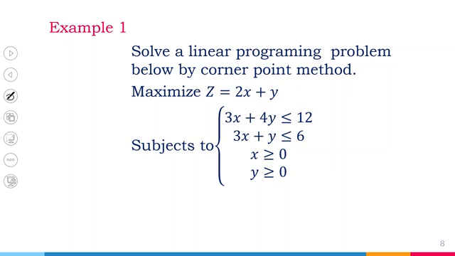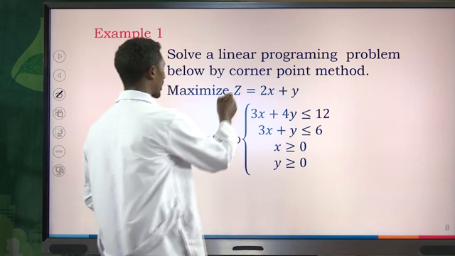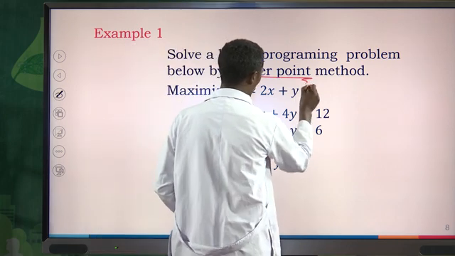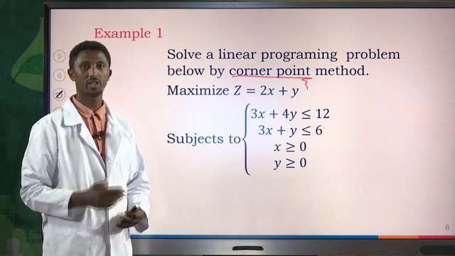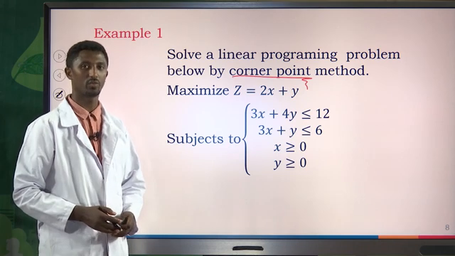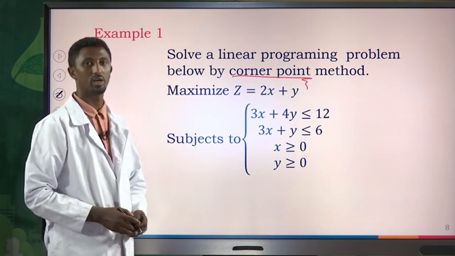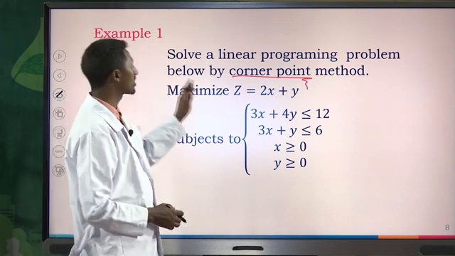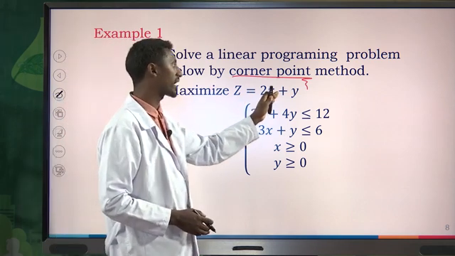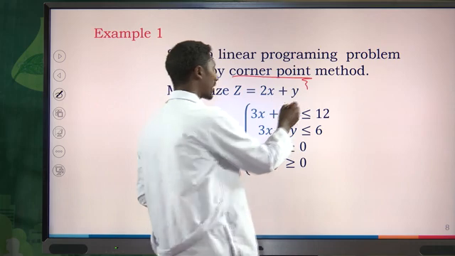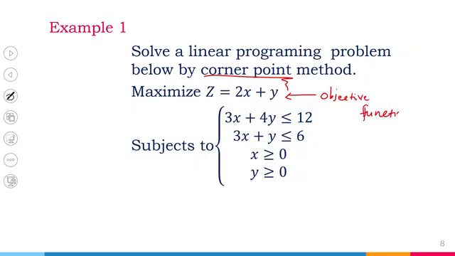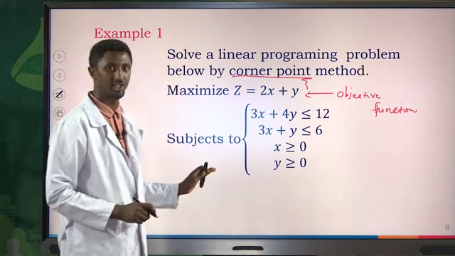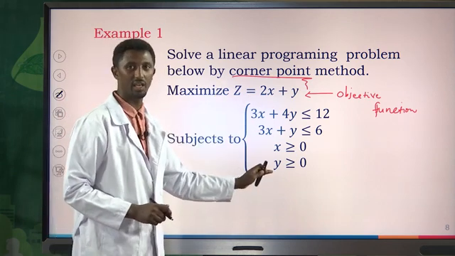Solve the linear programming problem below by the corner point method, or we call it graphically. We'll try to solve such types of linear programming problems using graphs. So maximize z, which is 2x plus y. This is what we call the objective function, which is subject to these linear inequalities.